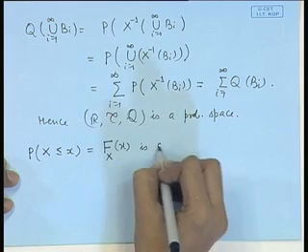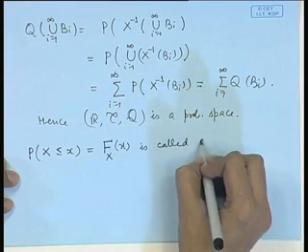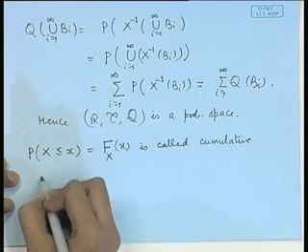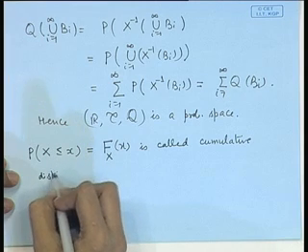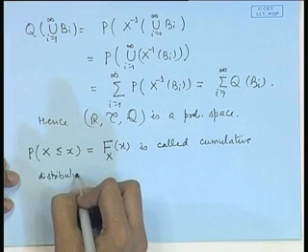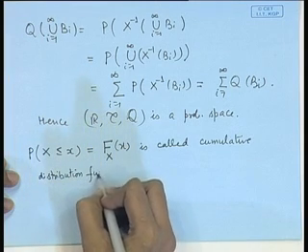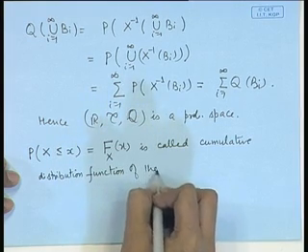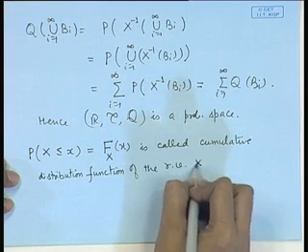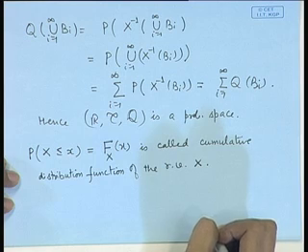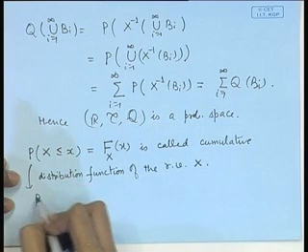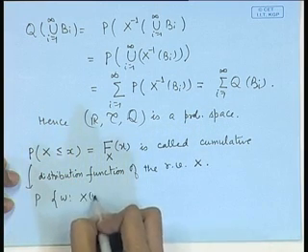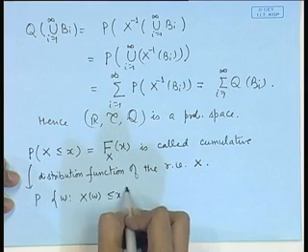This is called the cumulative distribution function of the random variable X. Basically, this is the probability of all the sample points such that X(ω) is less than or equal to x.